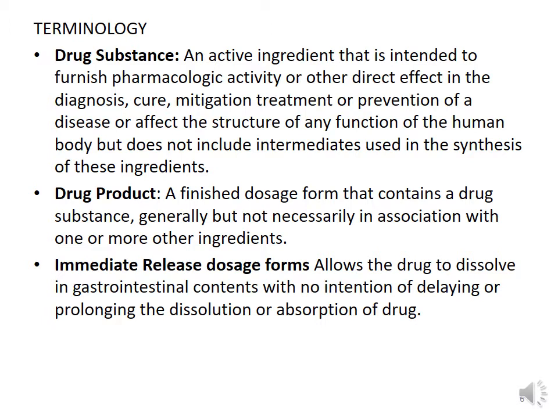So when we say a drug substance, this means the active ingredient. Drug product: a finished dosage form that contains a drug substance, generally but not necessarily in association with one or more other ingredients. When we say drug product, this is a finished dosage form that includes the pharmaceutical excipients.